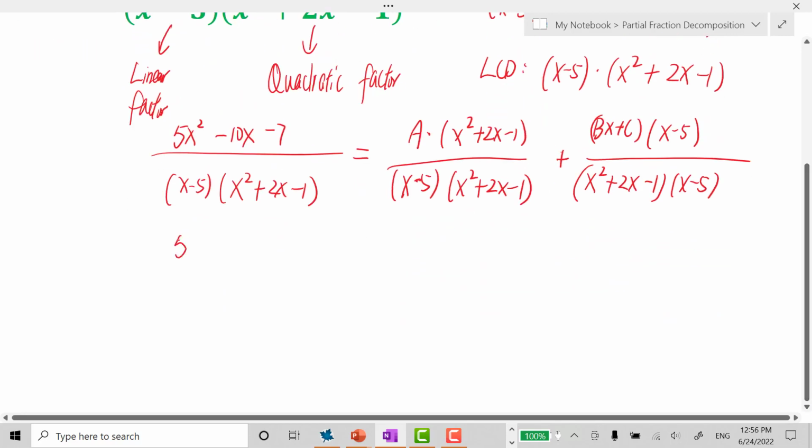On the left hand side, that's 5x squared minus 10x minus 7 over x minus 5, x squared plus 2x minus 1.